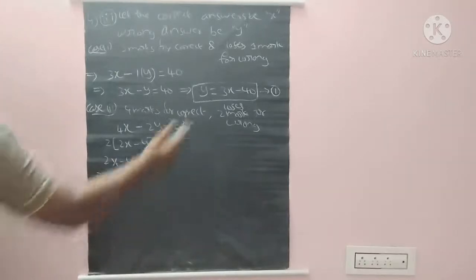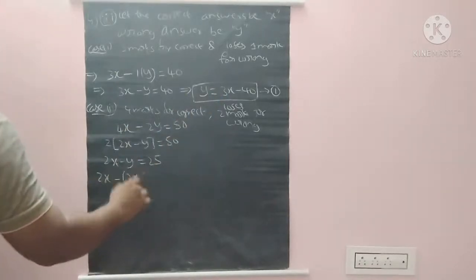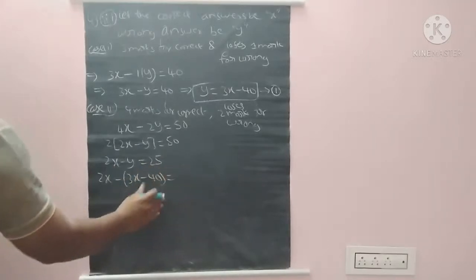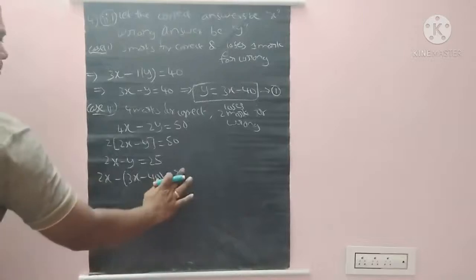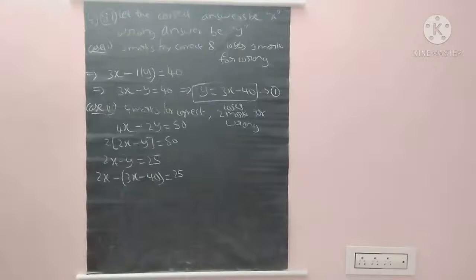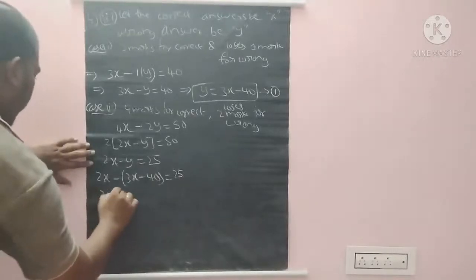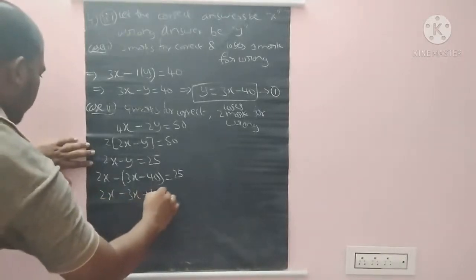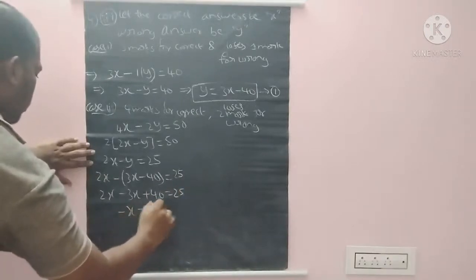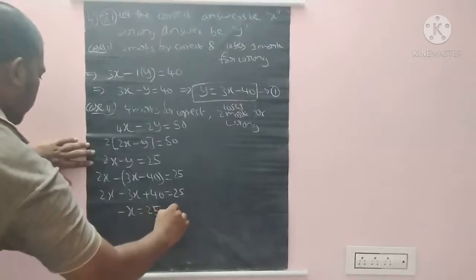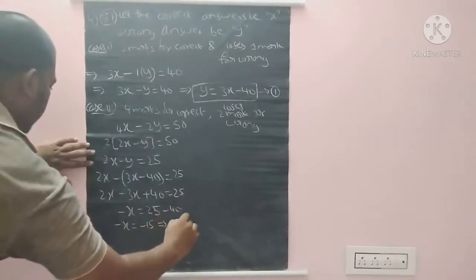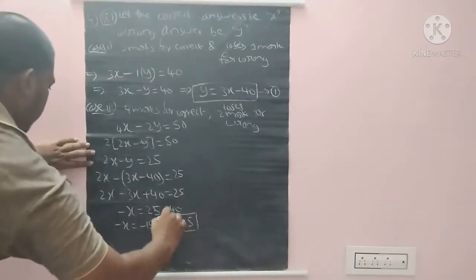Then 2X minus Y, we can write 3X minus 40 equals to 25. So 2X minus 3X plus 40 is equals to 25. Minus X is equals to 25 minus 40, minus X is equals to minus 15, that is X is equals to 15.